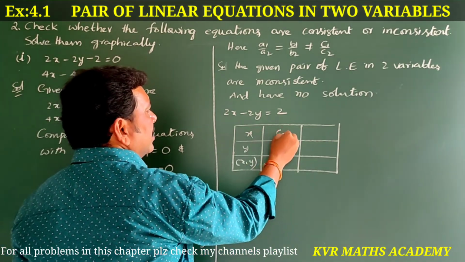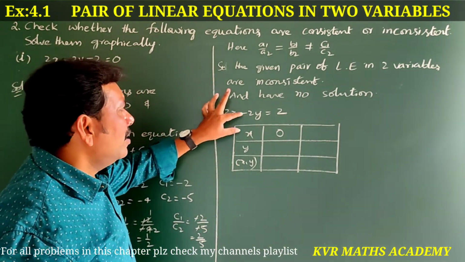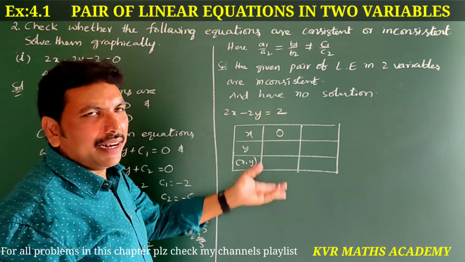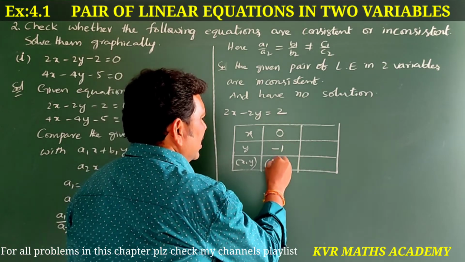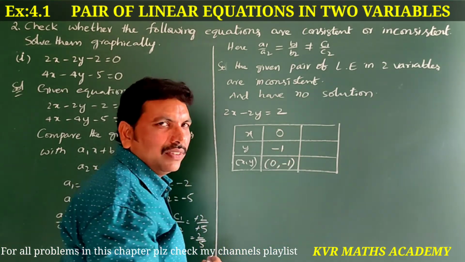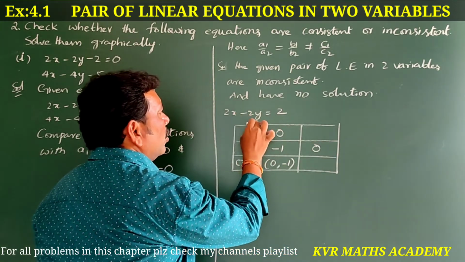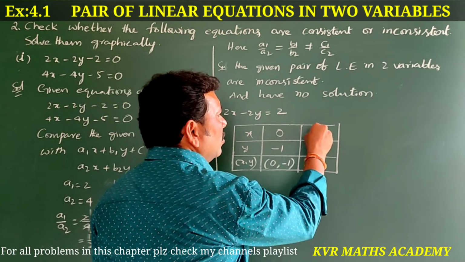If you take x is equal to 0, this whole term will become 0. Minus 2y is equal to 2, y is equal to 2 by minus 2, that will be minus 1. So this is 0 comma minus 1. In the place of y, if you take 0, this whole term will become 0. 2x is equal to 2 means x is equal to 1.